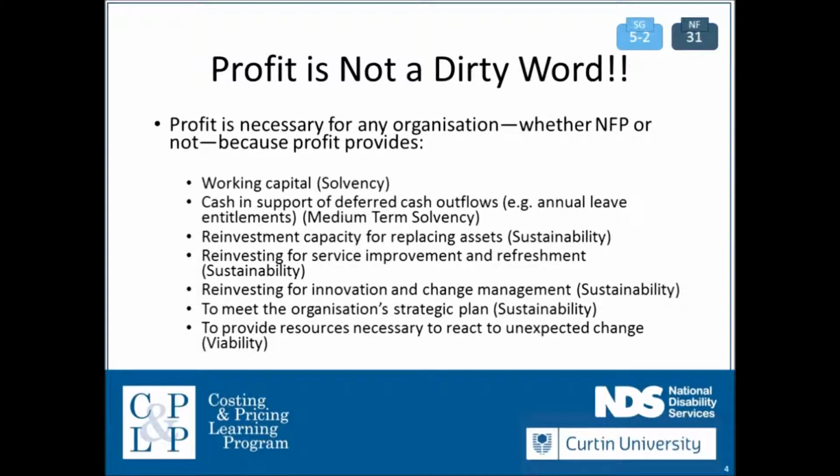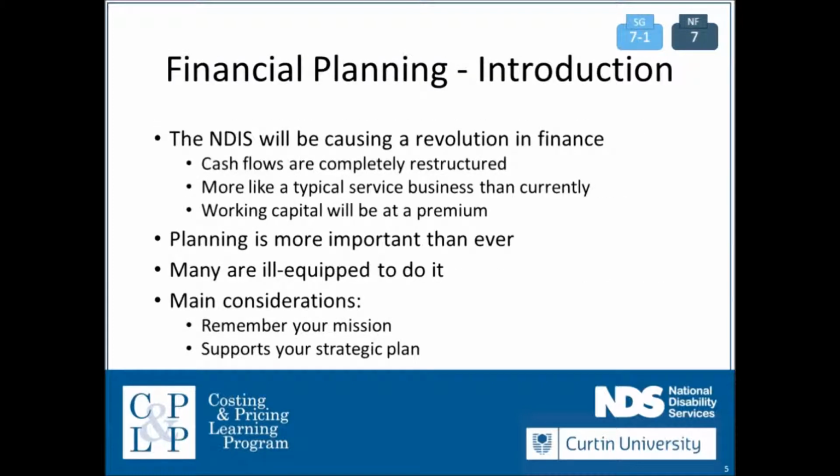From a solvency perspective, you need to ensure that you have working capital to be able to be sustainable in the short term. And we talk about working capital and solvency predominantly throughout this webinar.